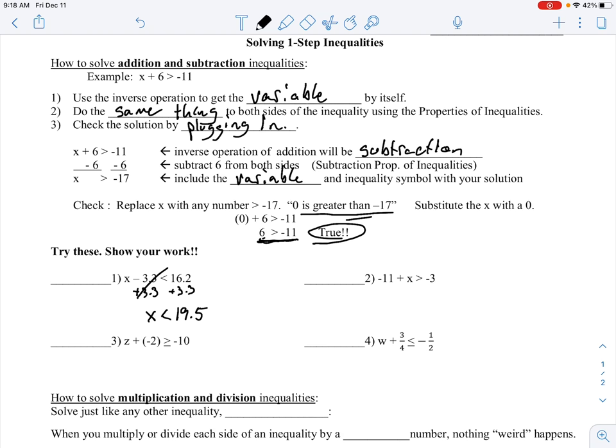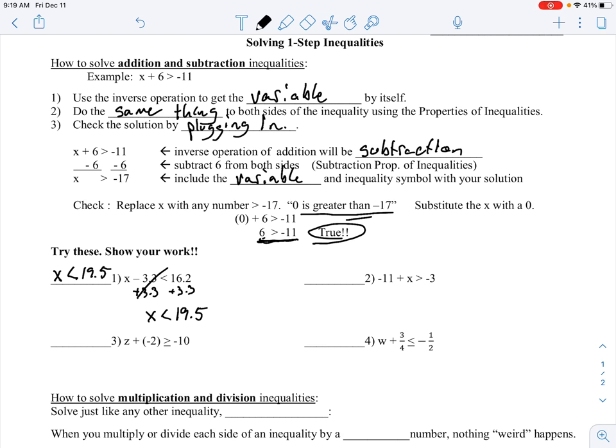So our solution is x is less than 19.5. Once again, we can check: 0 minus negative 3.3 is 3.3, which is indeed less than 16.2. So we know we have a solution set that works.